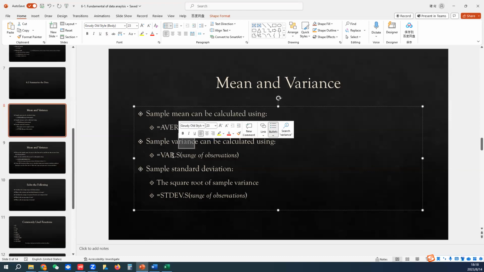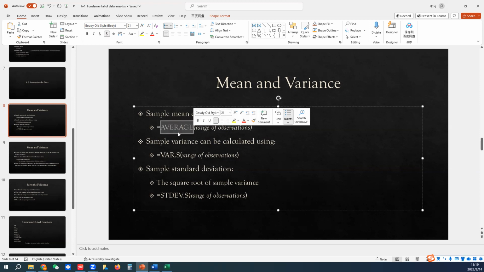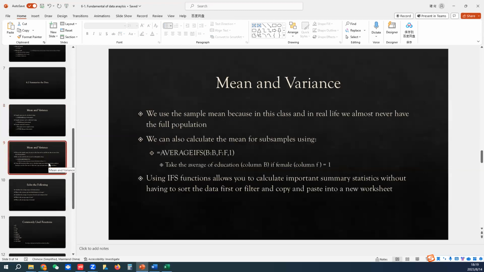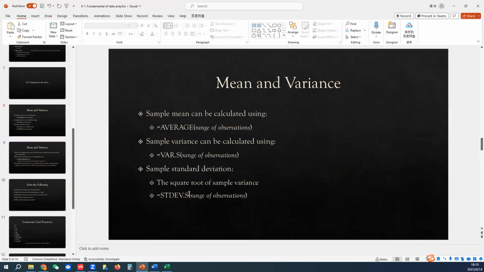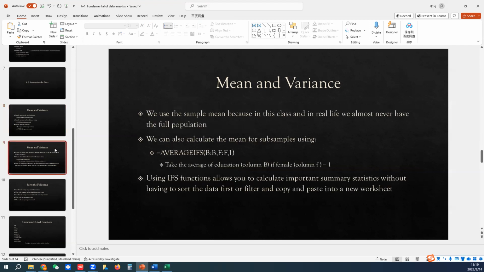One is variance, the other is standard deviation, which is the square root of variance. Standard deviation is at the same level as the average, whereas the variance is a squared term in comparison to the average. So those are the basic functions that we are going to use to calculate the summative data measurements.